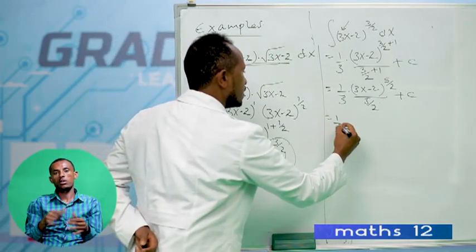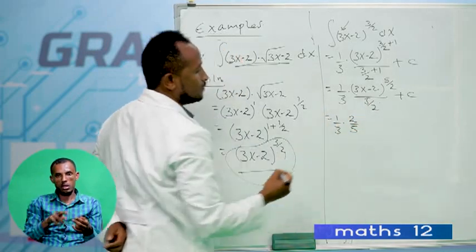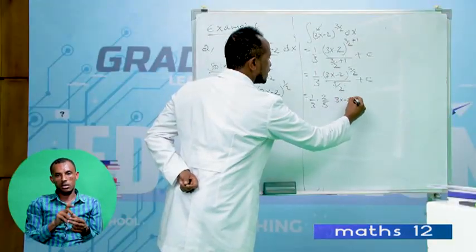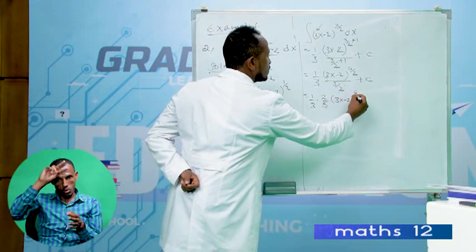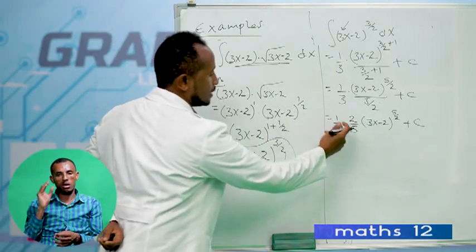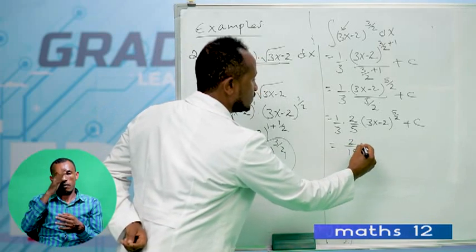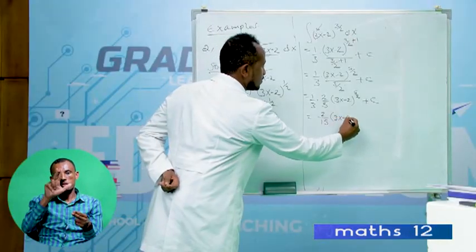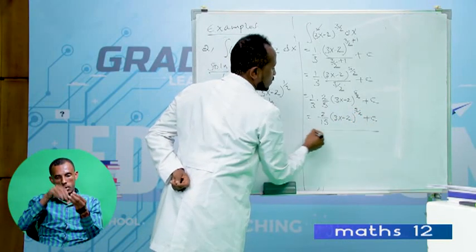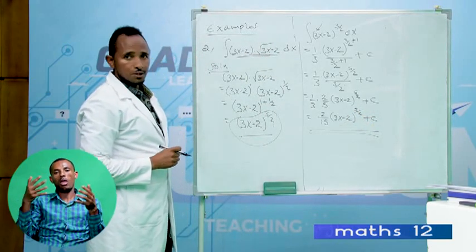So this is equal to 1 over 3 times, taking the reciprocal, 2 over 5 times (3x - 2)^(5/2) plus some constant c, and finally the product is 2 over 15 times (3x - 2)^(5/2) plus c. So this is the final answer for the integration of this expression.